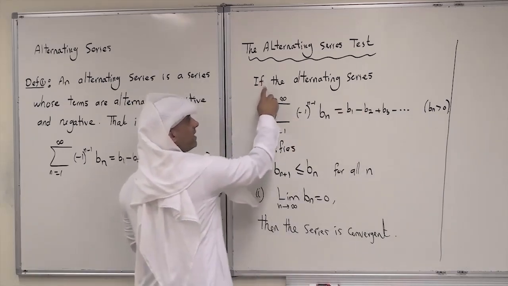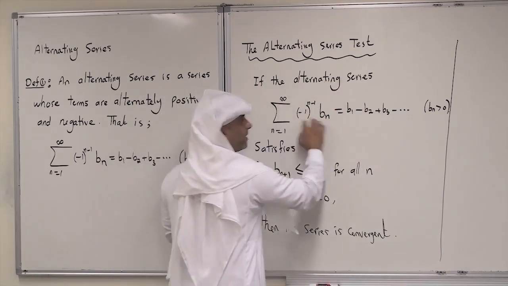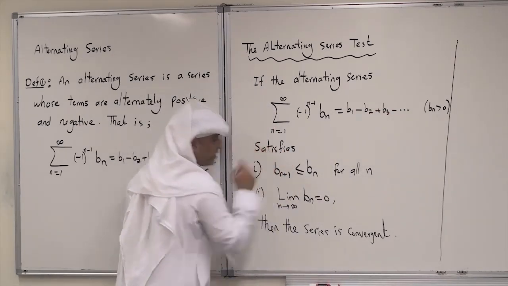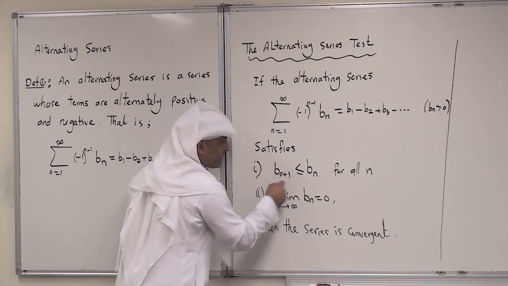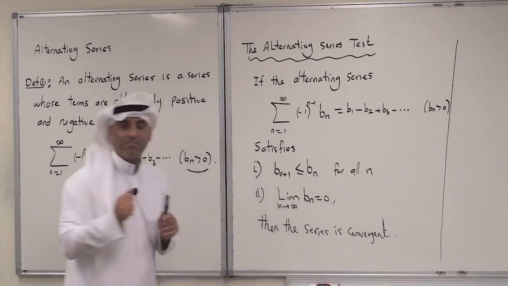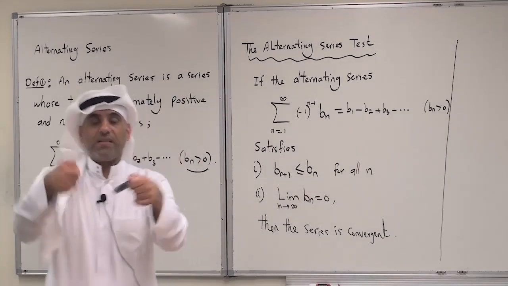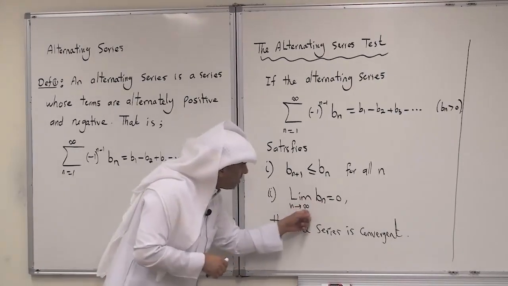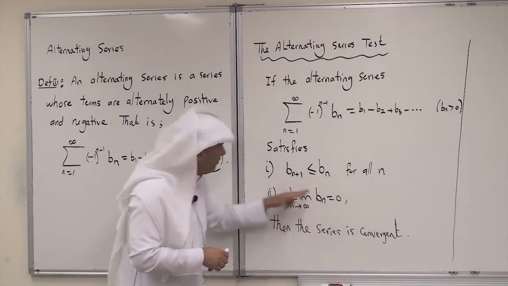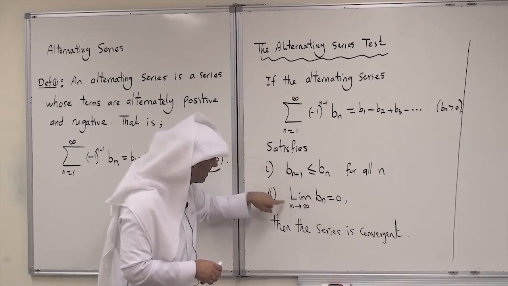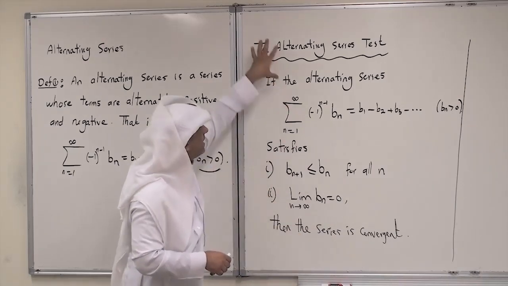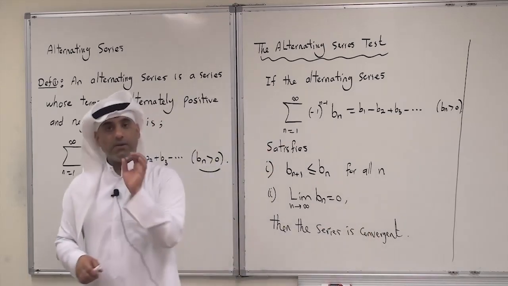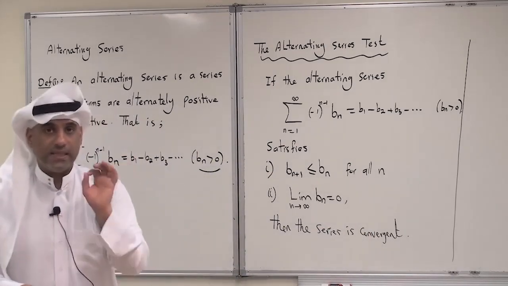If the alternating series, given by this standard form, satisfies these two conditions: first, bn+1 is less than or equal to bn, meaning bn is a decreasing sequence; and second, the limit of bn as n goes to infinity is equal to 0. If both conditions are satisfied, then the series is convergent. We call it convergent by the alternating series test.